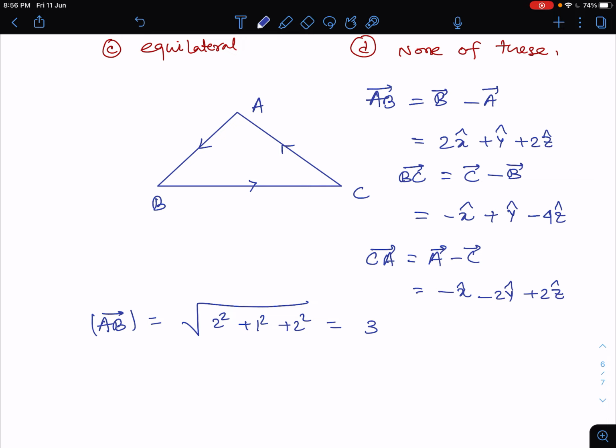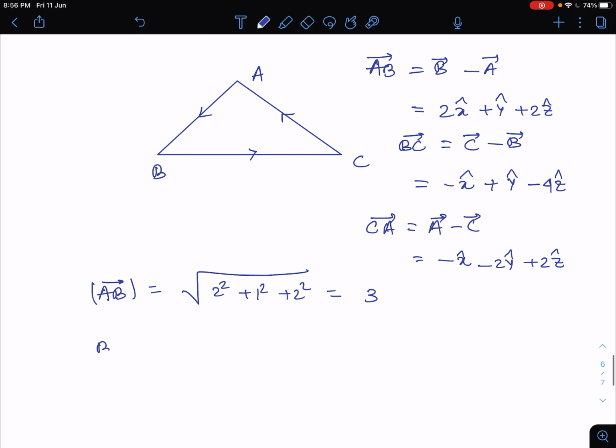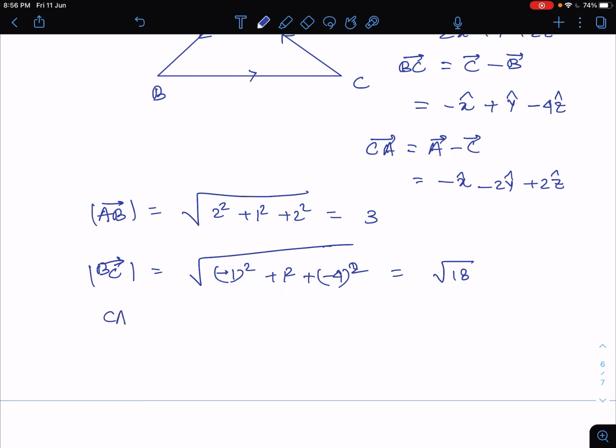So if you now calculate the mod of BC, that is minus 1 square plus 1 square plus minus 4 square, that is root over 18. Now if you calculate CA, then you will get this is nothing but 1 square plus minus 2 square plus 2 square, that is 3.